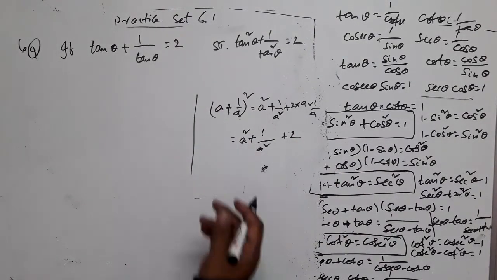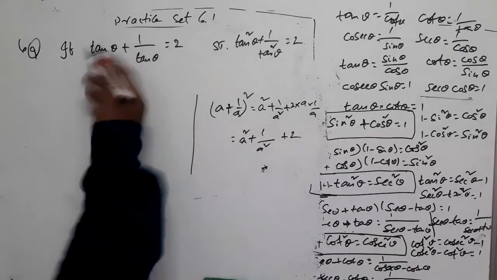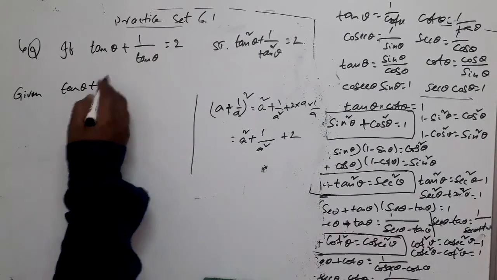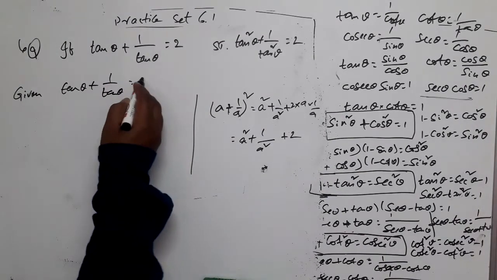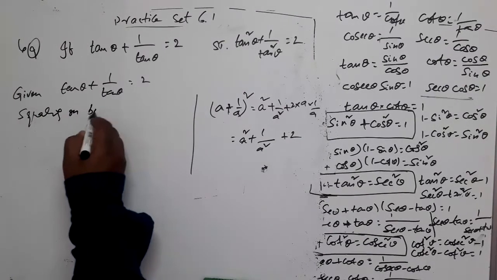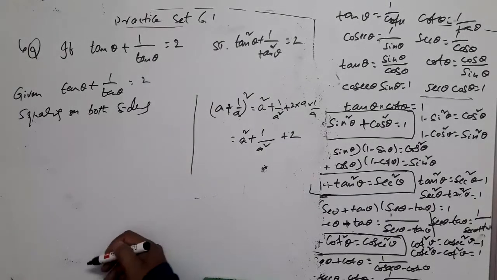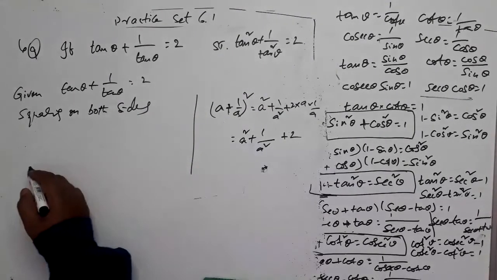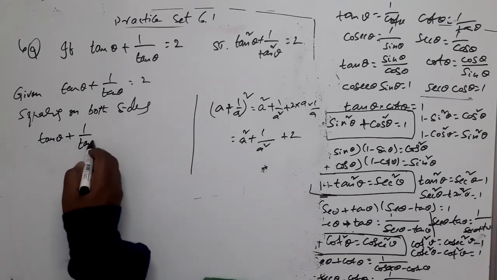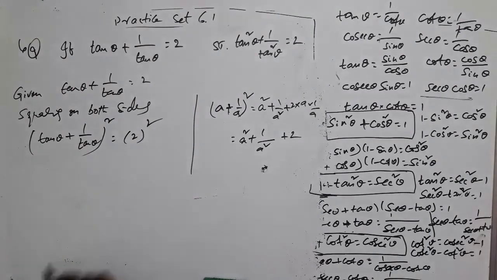So let us use the same method, or simply squaring both sides. Given tan theta plus 1 by tan theta is equal to 2. Squaring on both sides. So tan theta plus 1 by tan theta whole square is 2 square.